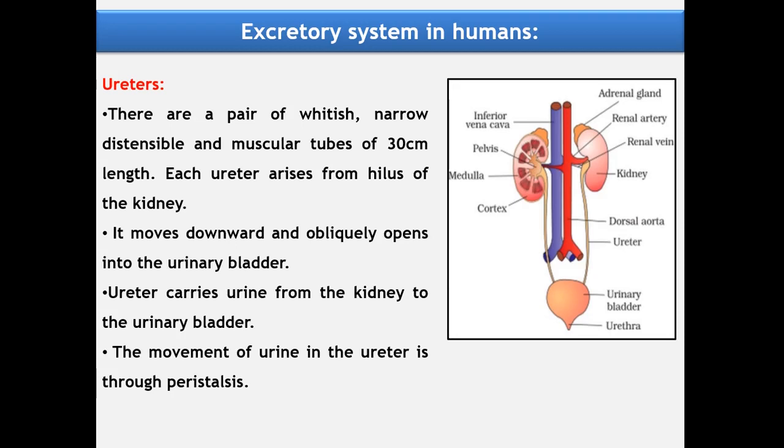Here the urine from the kidney to the urinary bladder also moves in the same manner, that is peristalsis. There is no sphincter between ureters and urinary bladder, but as they are obliquely arranged, this prevents the re-entry of urine into the ureters from the urinary bladder.